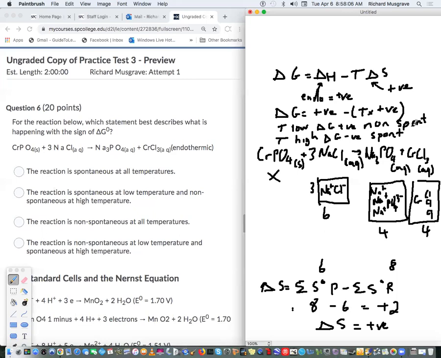Then you could say that it's always going to be spontaneous or always going to be non-spontaneous. All right, does anybody have any questions?